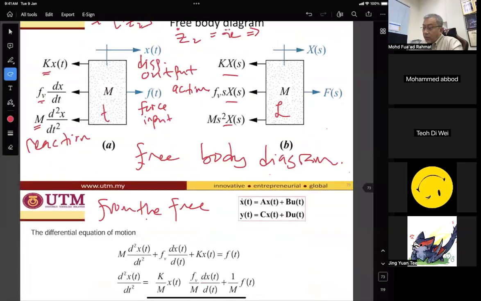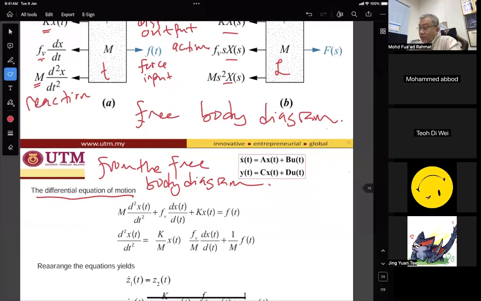Okay, so now from our understanding of the free body diagram, we can construct the differential equation of motion. Okay, the differential equation of motion as shown, right?